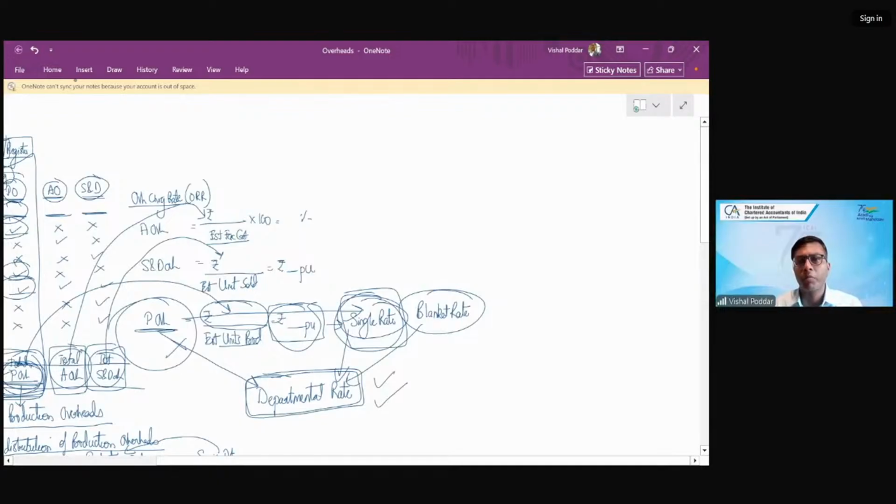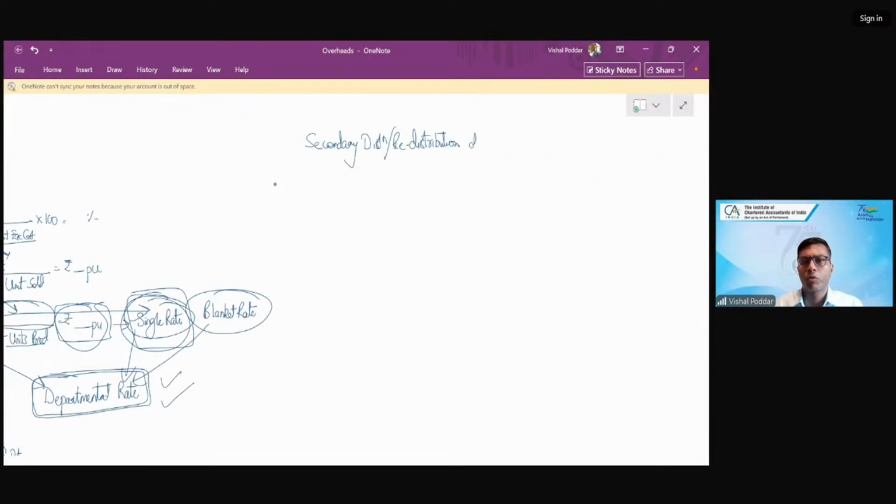When we talk about secondary distribution or redistribution of production overheads, there are different possibilities, there are different scenarios.